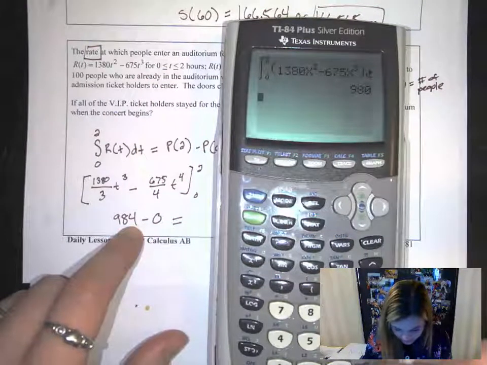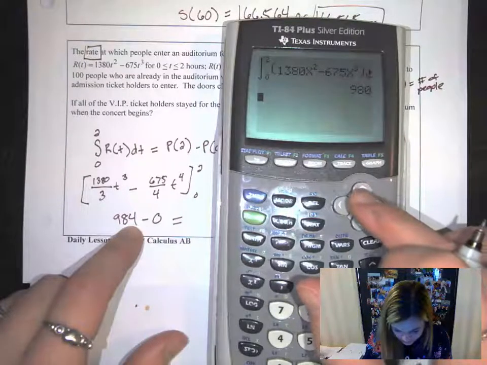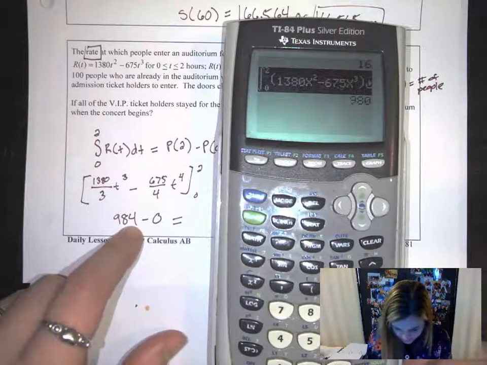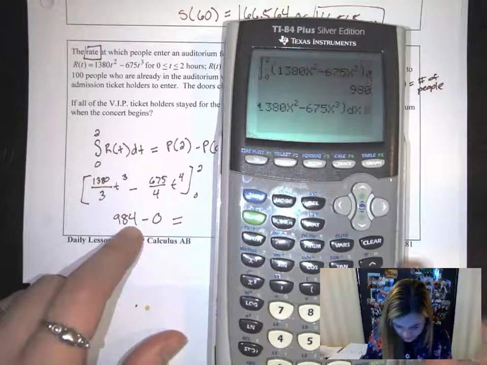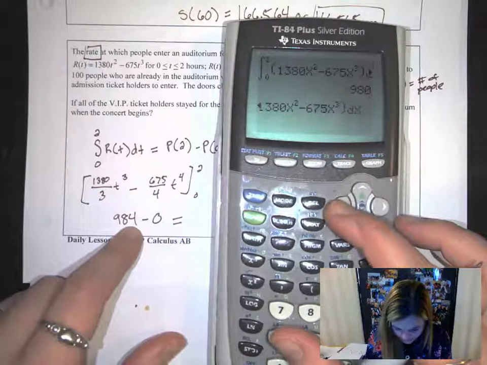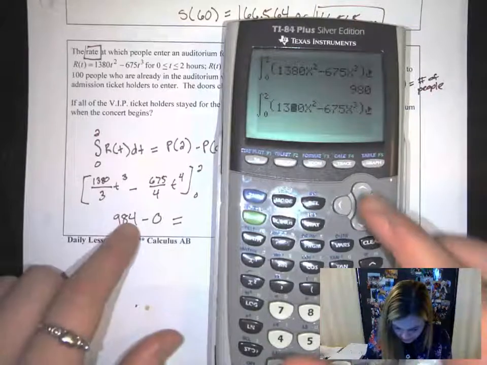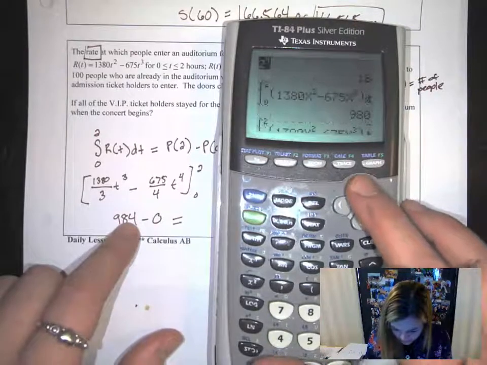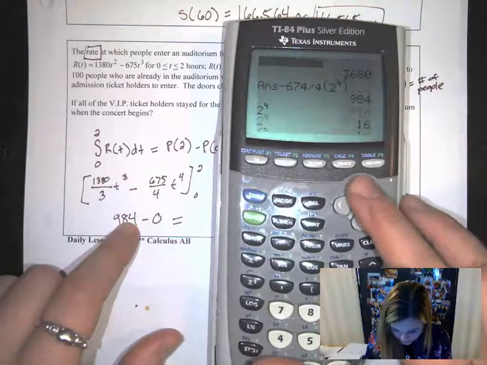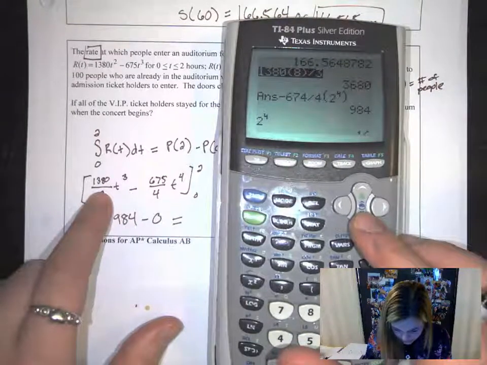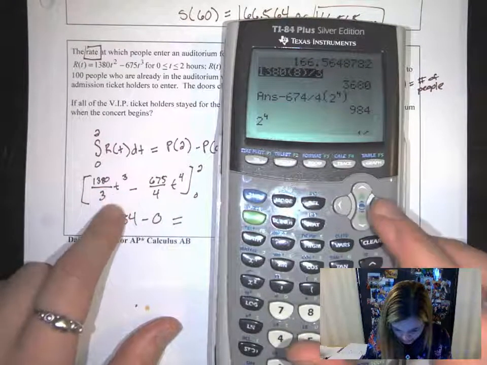Let me check. I'm going to guess I made something. Hold on. When I did this, I did 1380 times 8 divided by 3.